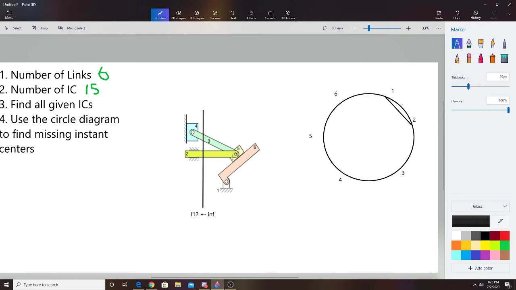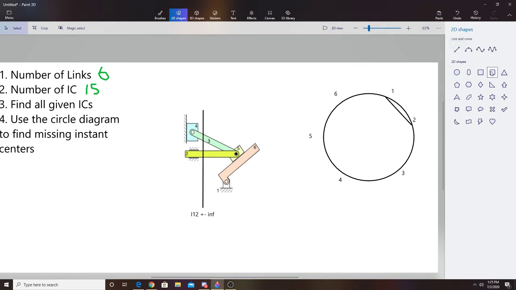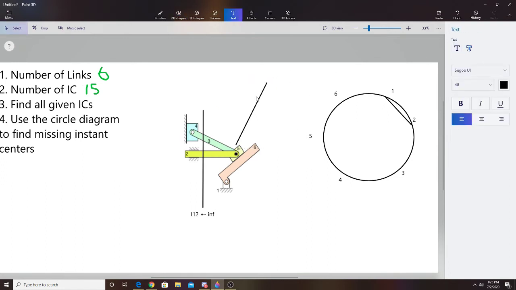Let's do a little more than that. So right there is I12. So I'm going to draw a little line or something showing that one. Actually, never mind. We're not going to do that. I'll just do a small text box next to it.